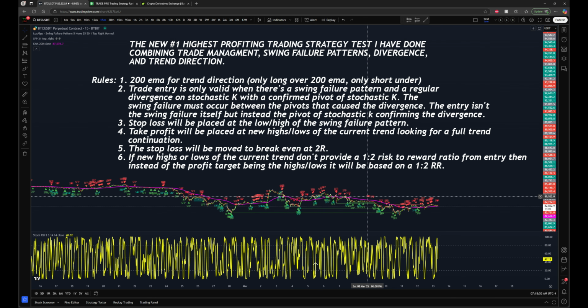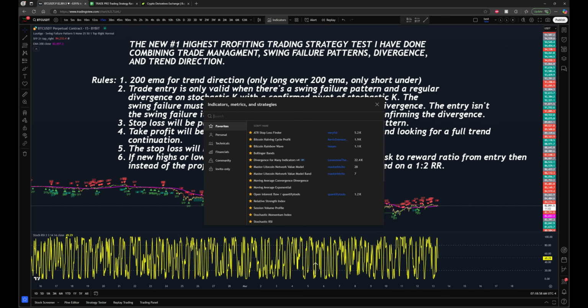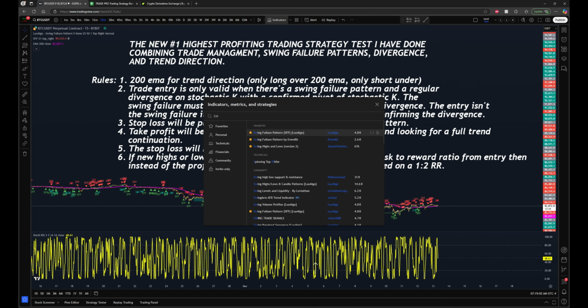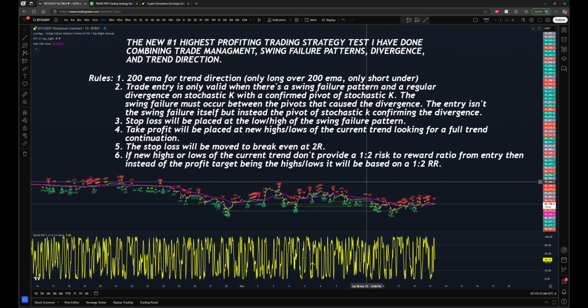Then we have our swing failure patterns, which are given by two separate indicators. If we type in swing failure pattern SFP by Lux Algo and swing failure pattern by EMREKB, those are the two that I'm using for valid swing failure patterns for this strategy. So those are the indicators. Let's break down the rules.